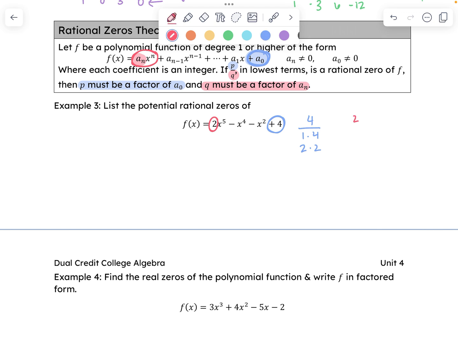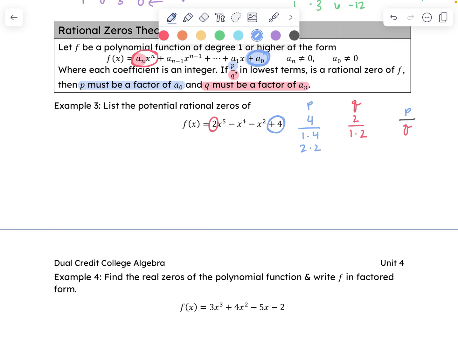Then my leading coefficient is 2, and all the possible factors of that are 1 times 2. So this is my P, and this is my Q, and I'm going to make every possible fraction that is P divided by Q.